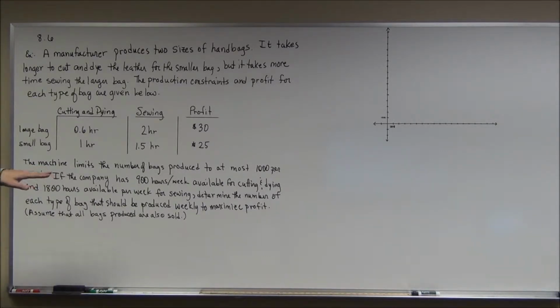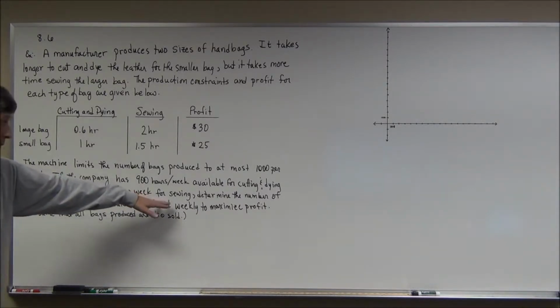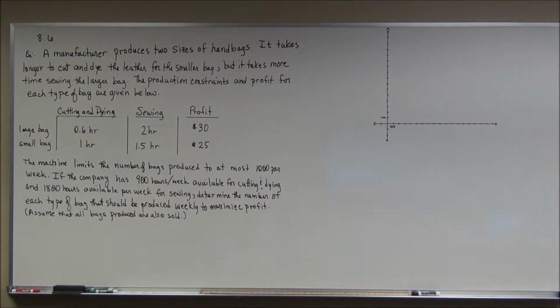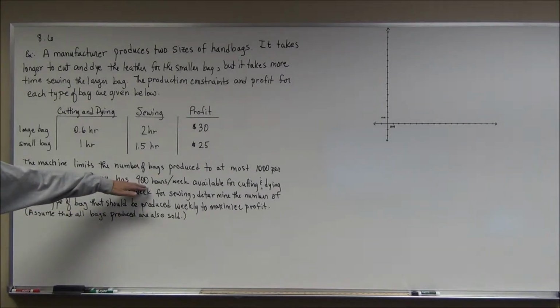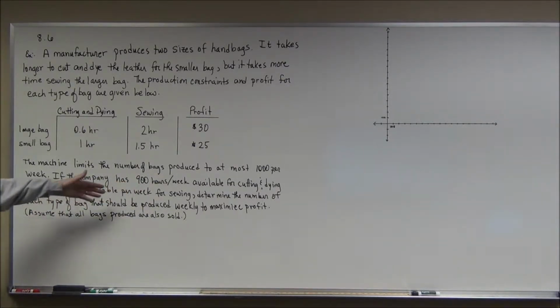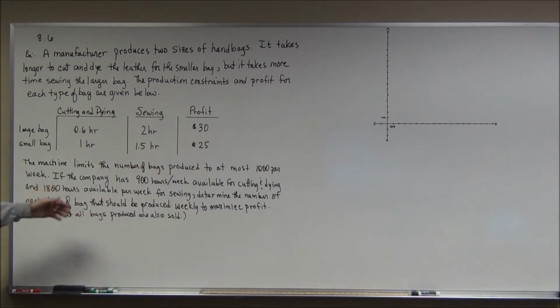If the company has 900 hours per week available, that's labor hours, available for cutting and dyeing, and 1,800 hours available per week for sewing, determine the number of each type of bag that should be produced weekly to maximize profit, and we're going to assume that all the bags produced are also going to be sold. Now if you're saying, well, there's only 168 hours in a week, well, we're talking about maybe several machines here, and so it adds up to 900 hours per week, 1,800 hours available per week for the sewing aspect.